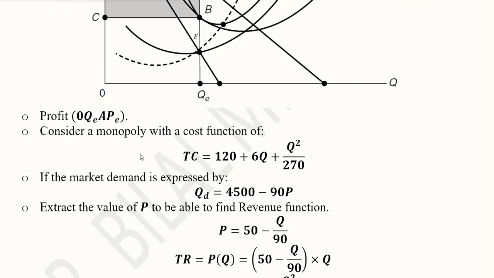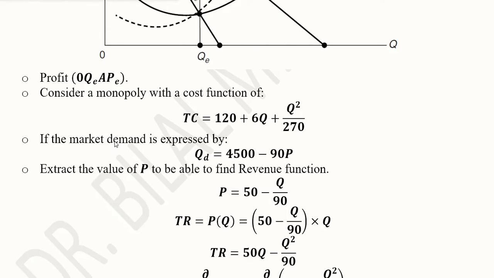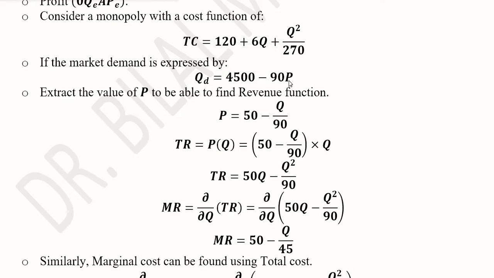And now we are going to consider a numerical example so that we could understand it in a more quantitative way. We are considering a cost function which is mentioned in this equation here. This is the total cost function dependent upon the output, and we are also given the market demand curve, which is here as a function of price, and we are interested in the value of P here.